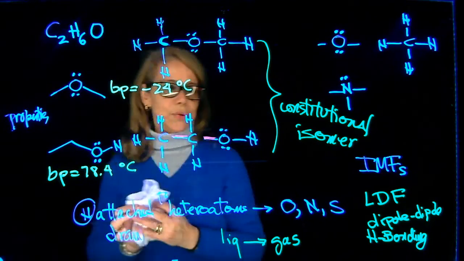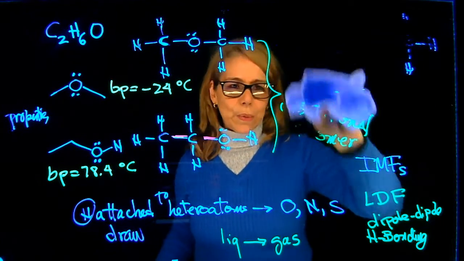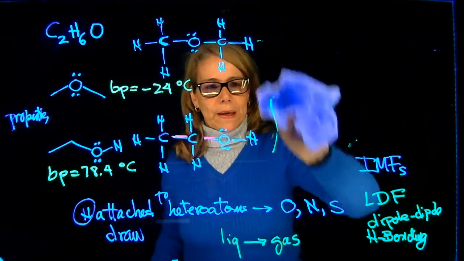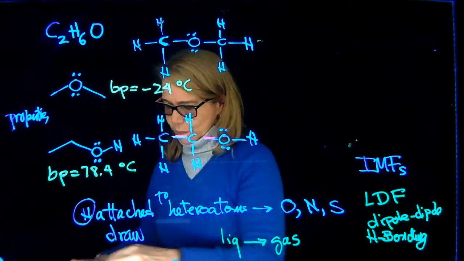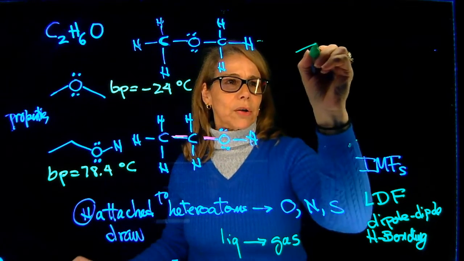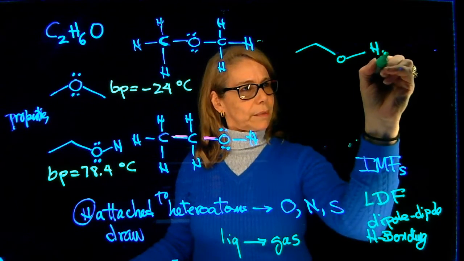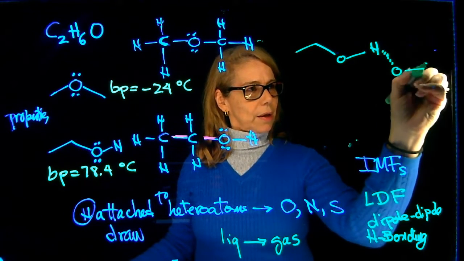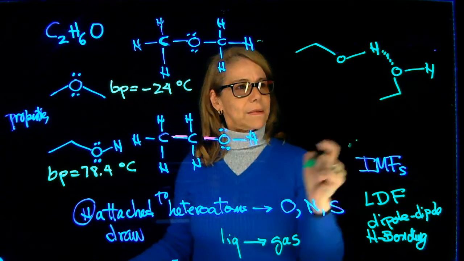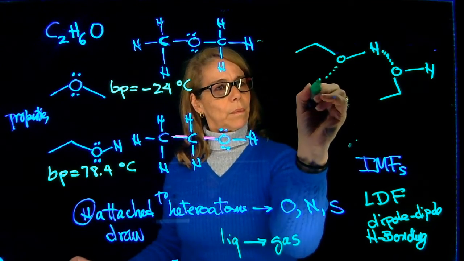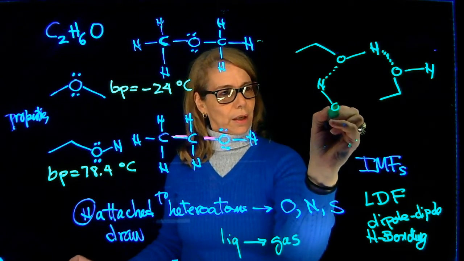And just to wrap this up, just to show you, remember that again, using just the line structure, if I do this, one ethanol molecule can be hydrogen bonding with another molecule of ethanol, and that could also be hydrogen bonding with yet another.